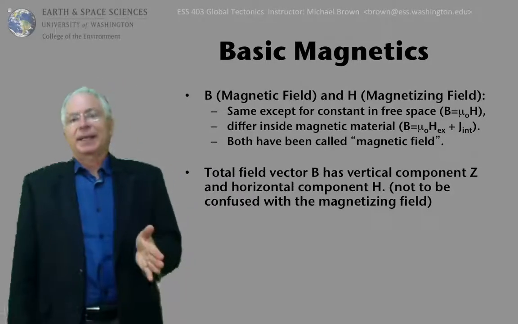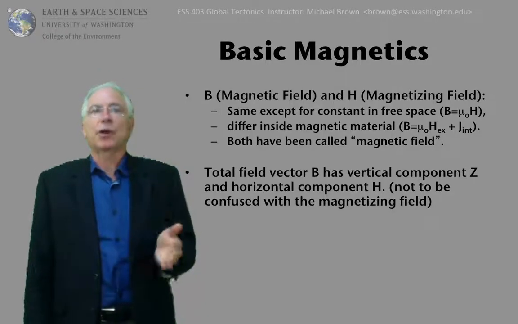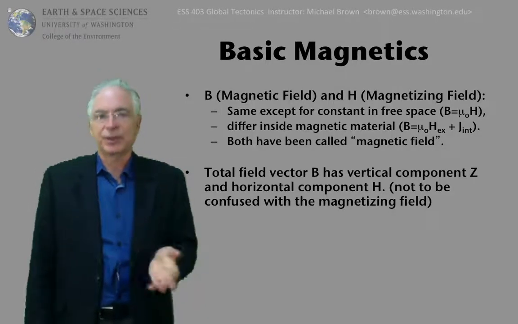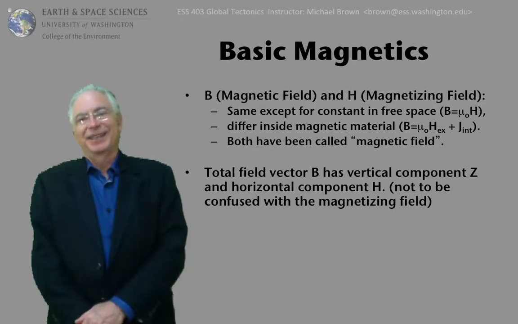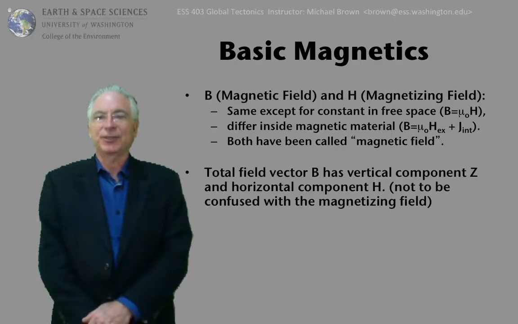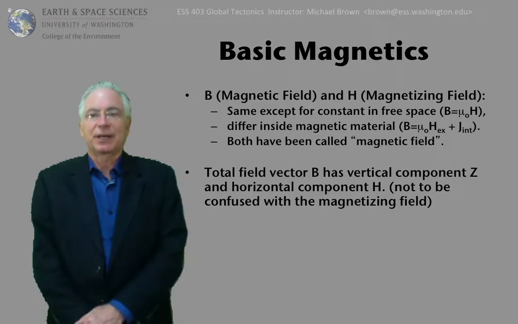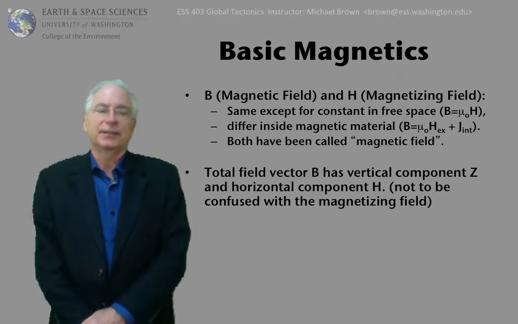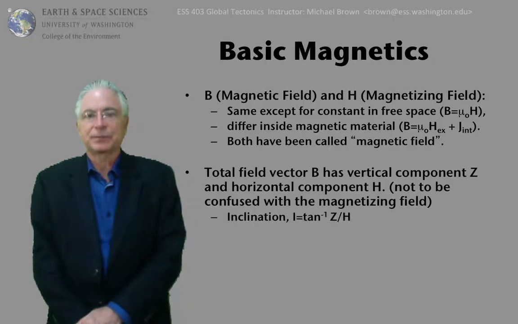Now, the total magnetic field is a vector quantity B, and it has on Earth's surface a vertical component Z and a horizontal component H. Unfortunately, H could be confused with the magnetizing field H, but you have to look carefully to see when we're talking about a horizontal component of Earth's magnetic field and when we're talking about H, a magnetizing field.